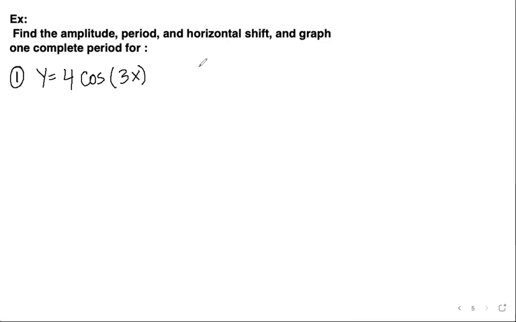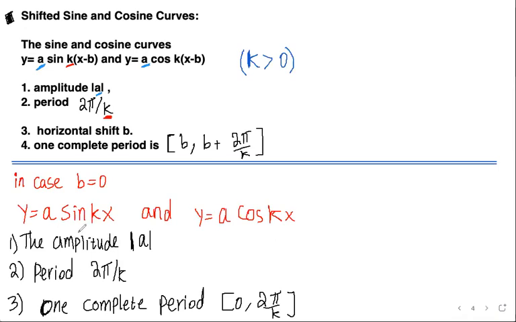What is the amplitude? 4. How do you find it? Can you give the steps? It multiplies the entire cosine function, it's not inside the cosine function.